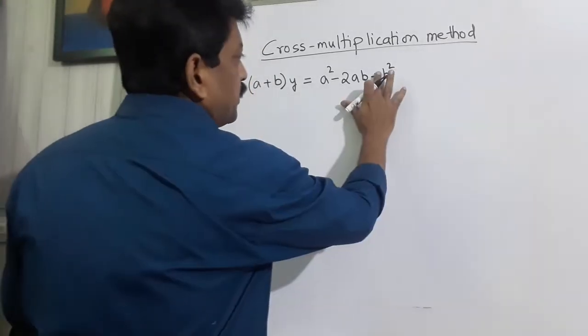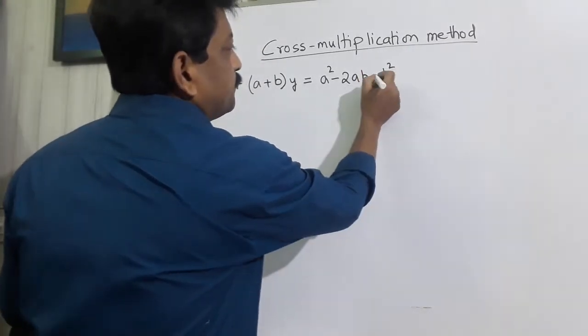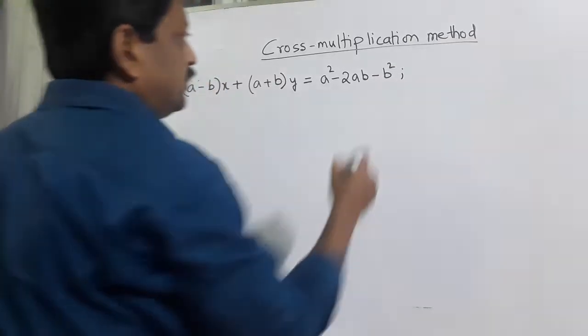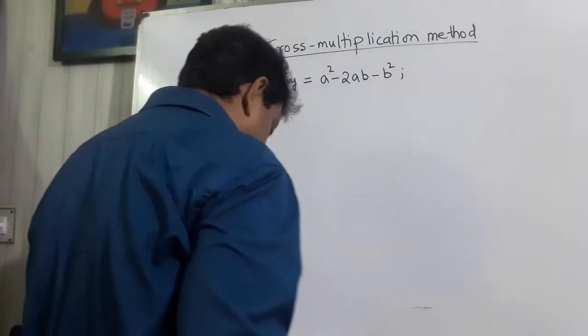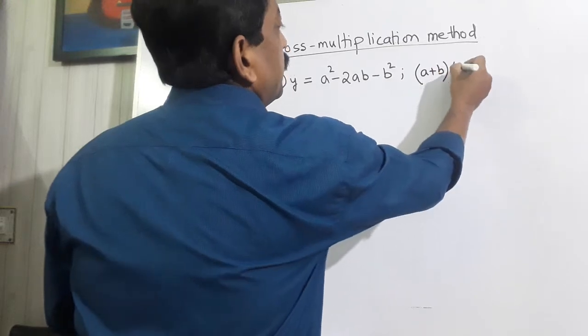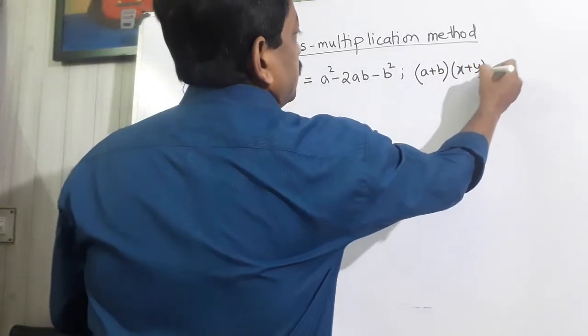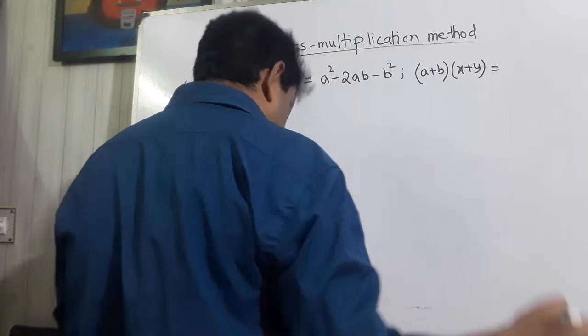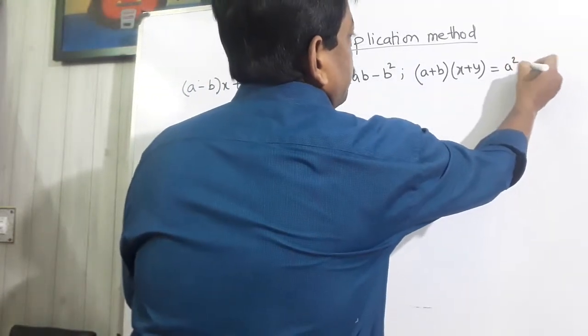The second equation is (a plus b)(x plus y) equals a square plus b square.